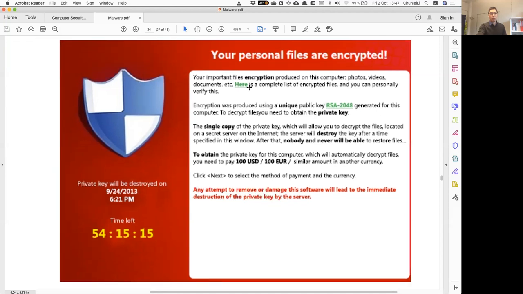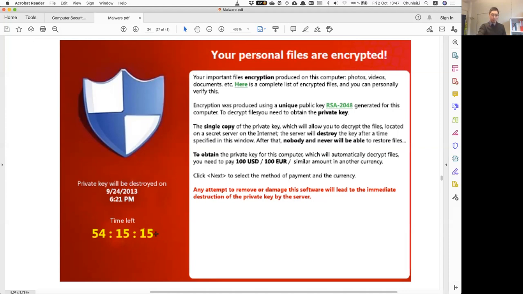And here it says a single copy of the private key, which will allow you to decrypt the files, is located at a secret server on the internet. And the server will destroy the key after a time specified in this window. And here they have this countdown timer to increase the stress of the victims psychologically.